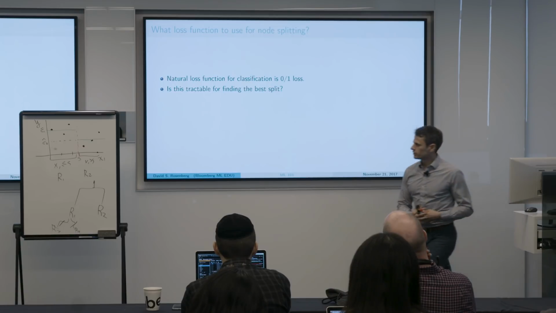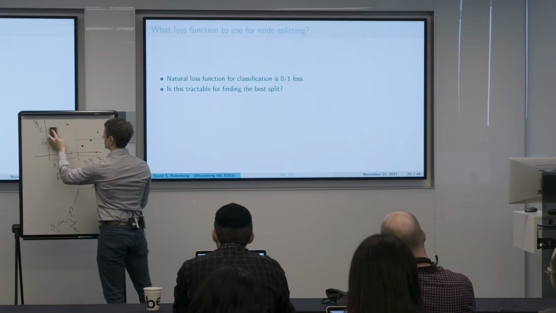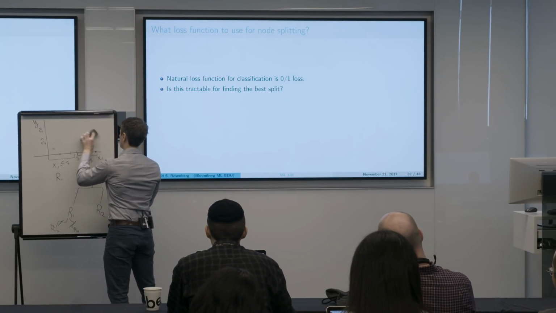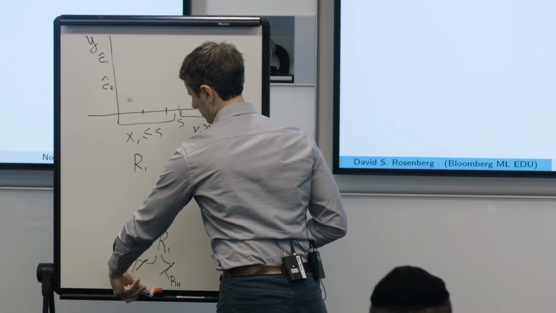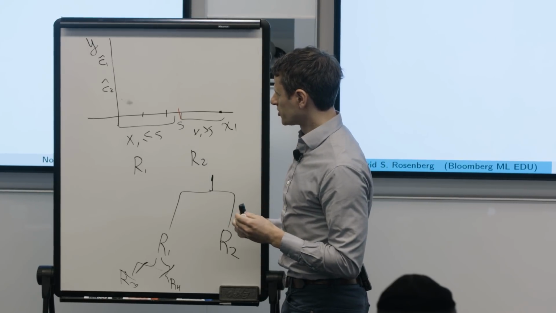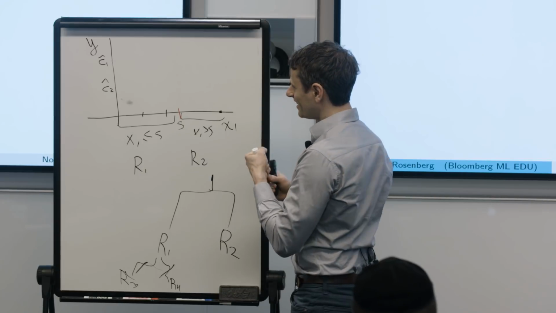So if we go back over here, this is regression. Let's get rid of regression. Now let's do classification. Let's do 1 and 0, because I don't have much space in the negative 1 area.